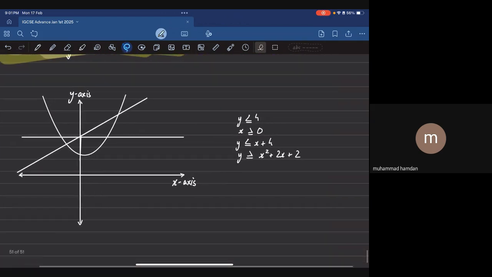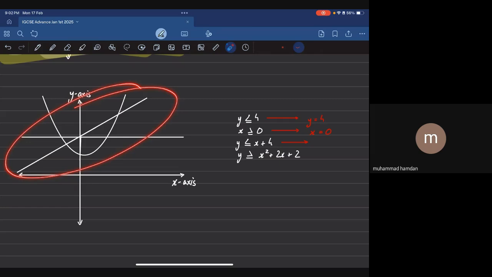First of all, I want to determine the equations of these inequalities. So an equation of this inequality would be y is equal to 4, right? Common sense. This would be x is equal to 0. If these were not inequalities but were equations, because graphs are not formed of inequalities, graphs are formed of equations.